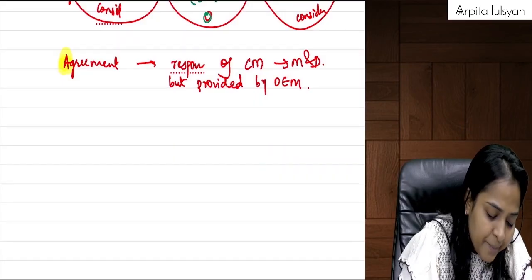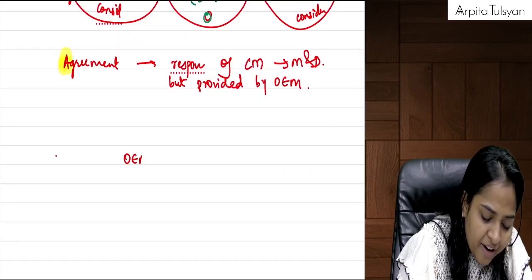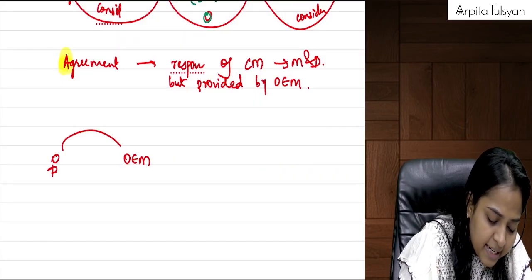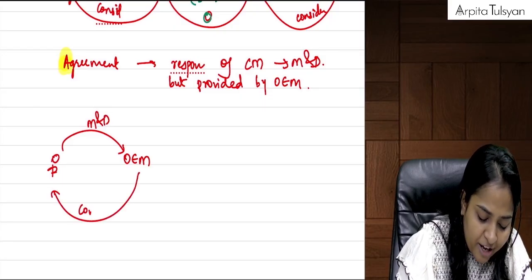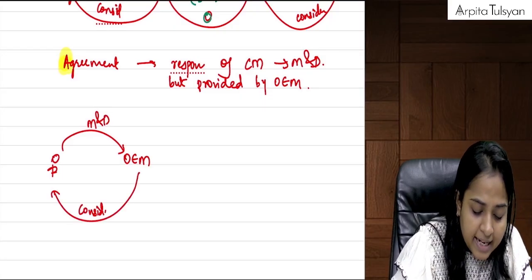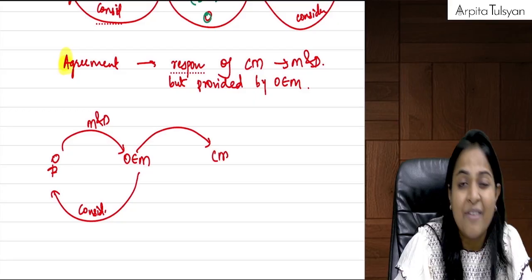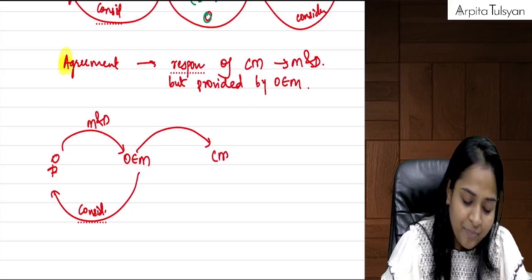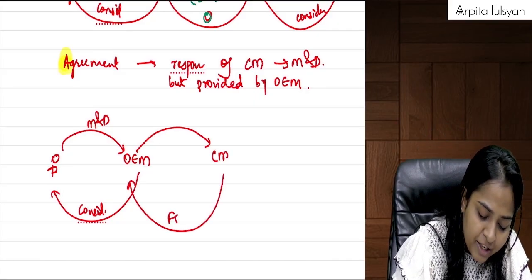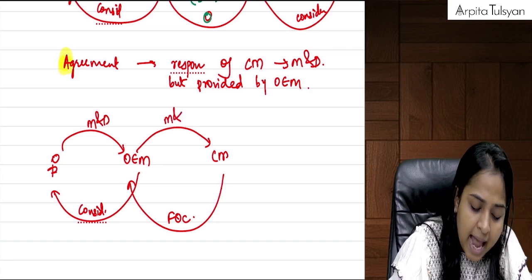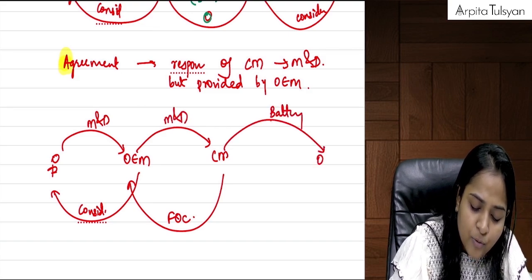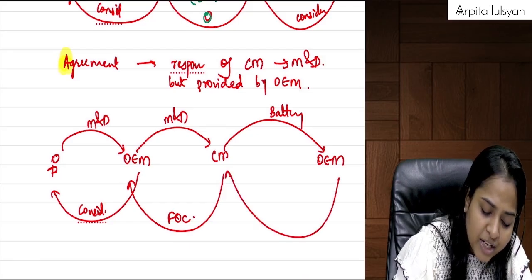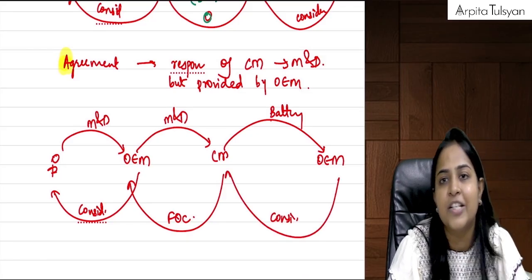Can we say the original equipment manufacturer would have purchased the molds and dies from someone? Yes, it would have paid the consideration for that. Now the OEM is providing it to the CM when it was not even required to, and it has provided it free of cost. And then the CM is going to use it for the battery and supply the battery to the original equipment manufacturer for some consideration.